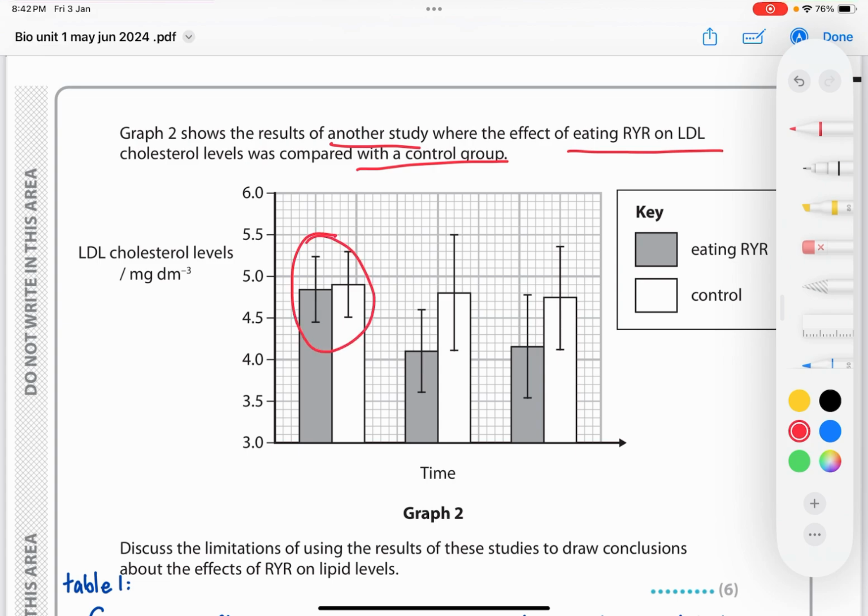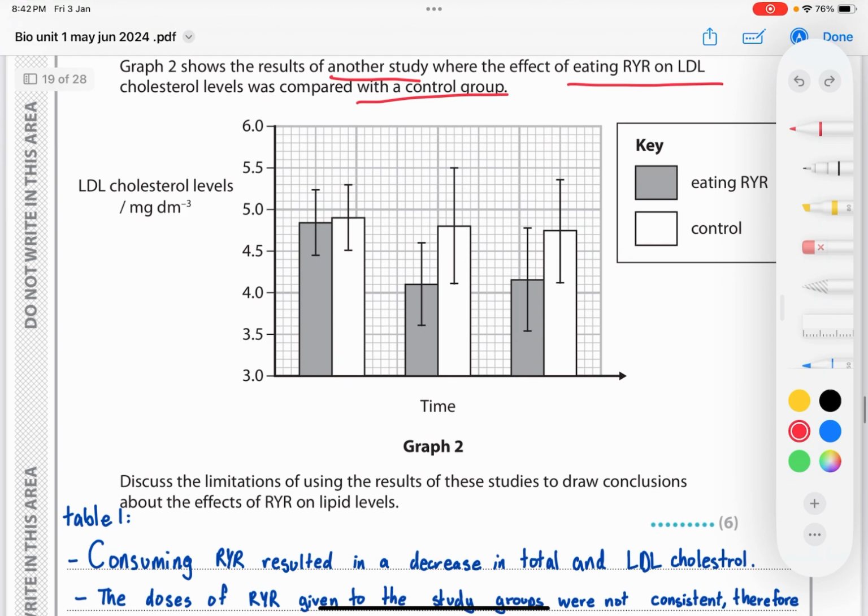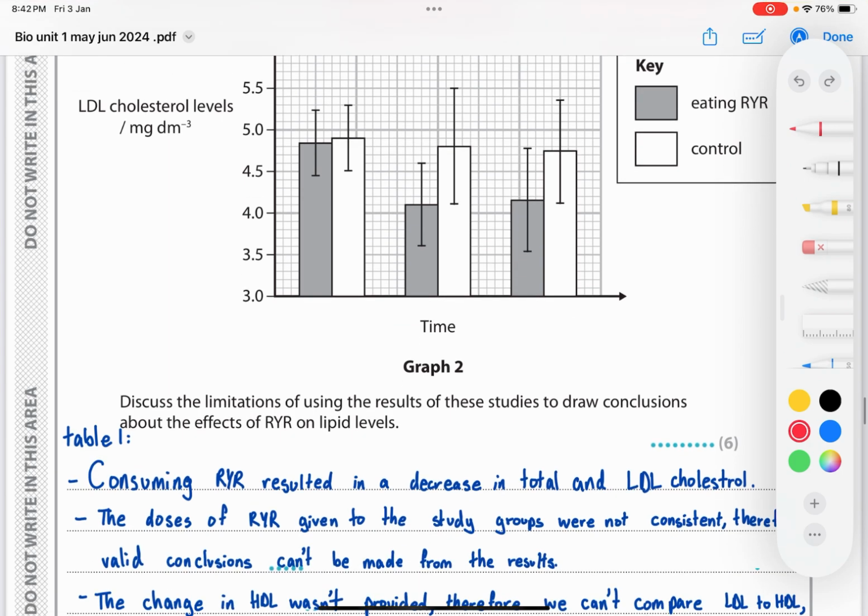We can notice a lot of overlapping within the error bars. So that's something that's important to remember and to know. So now the question asks us, discuss the limitations of using the results of these studies to draw conclusions about the effects of RYR on lipid levels.